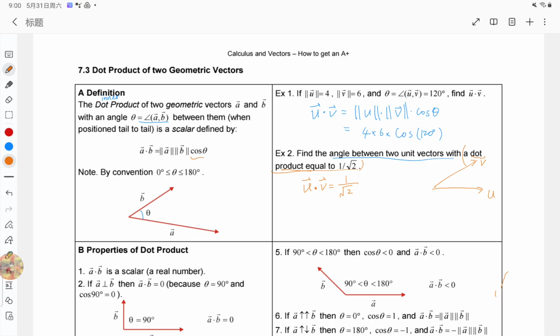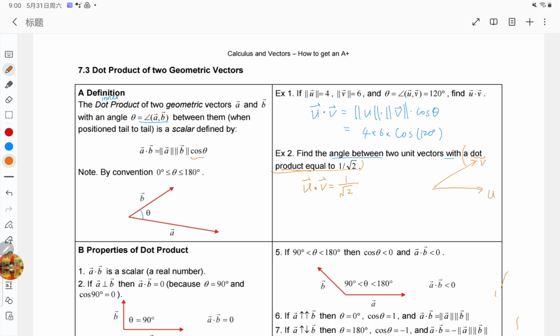And last time I think we talked about if you encounter this kind of problem, how do you easily get the inner product? If you know the coordinates or component form of two vectors, you can directly calculate the inner product, right?